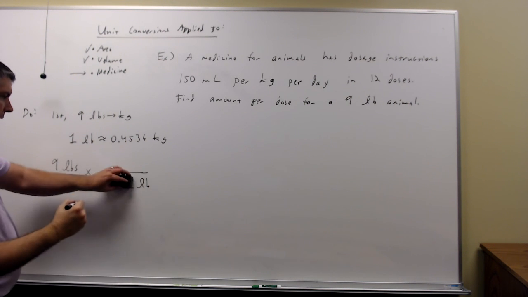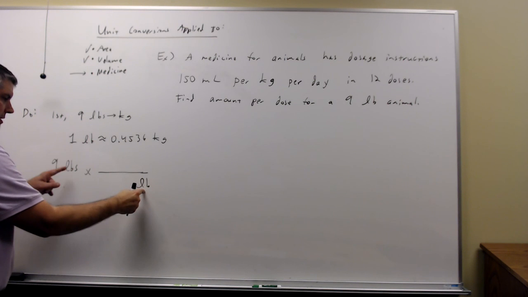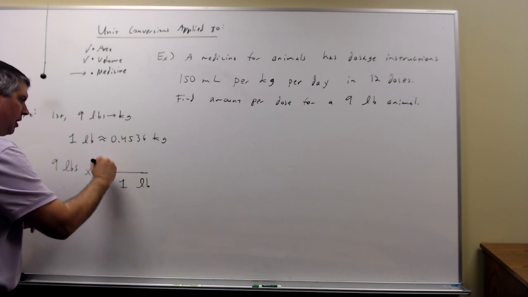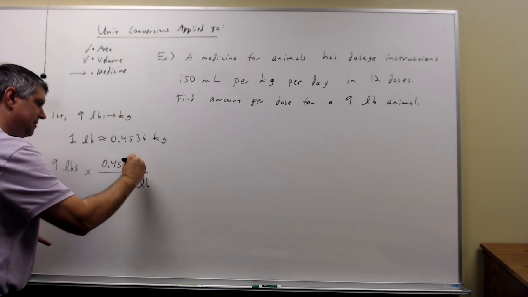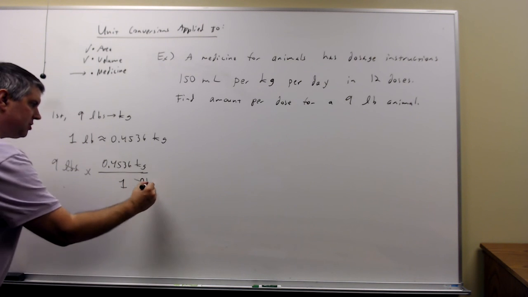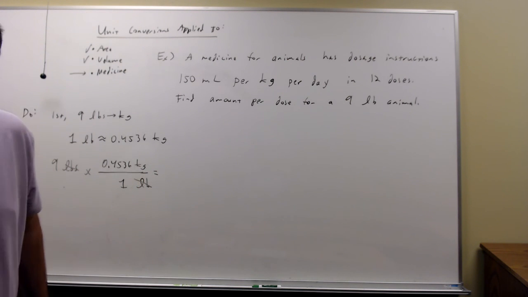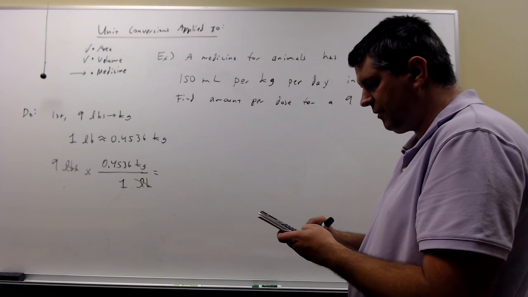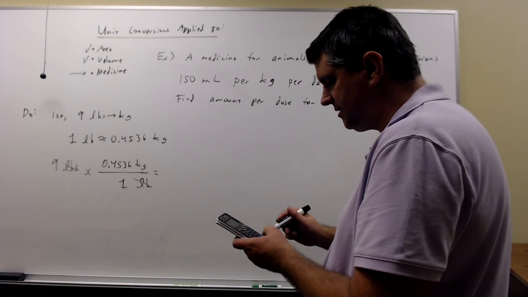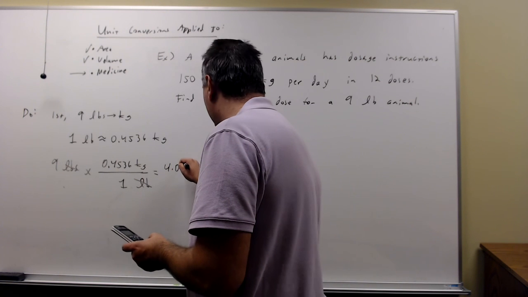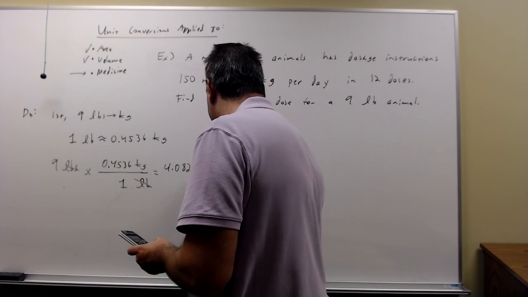So I'll cancel my pound, put it diagonal, 1 will follow my pound, and the counterpart is 0.4536 kilograms. Cancel, cancel, and 9 times 0.4536 is 4.0824 kilograms.